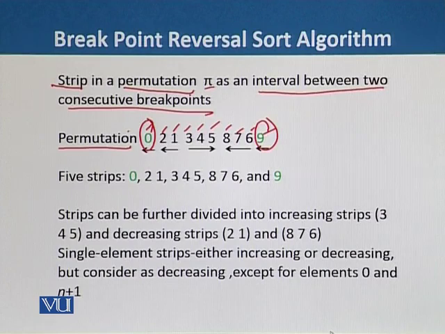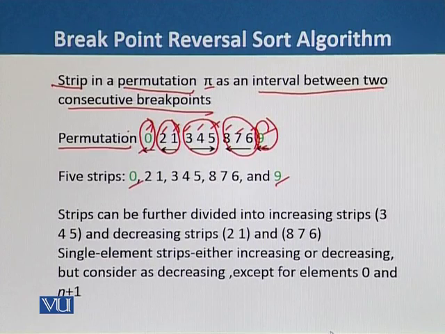We can see there are 5 strips, and a strip means a group of consecutive elements, in either ascending or descending order. For example, 2 and 1 are consecutive, so that is one strip. 3, 4, 5 is the second strip. 8, 7, 6 is a third, and we can also consider 0 and 9 as independent strips.